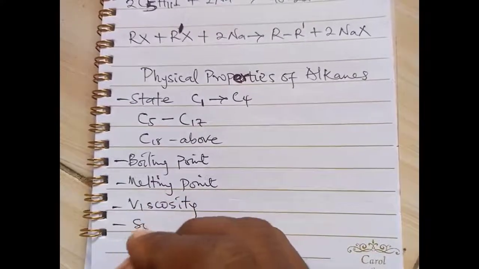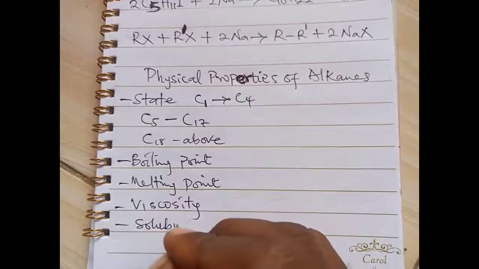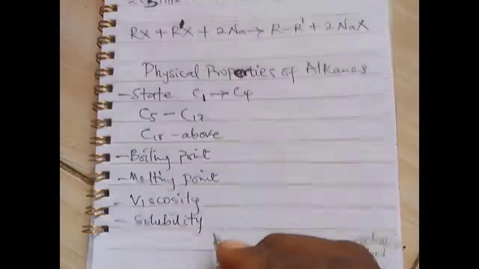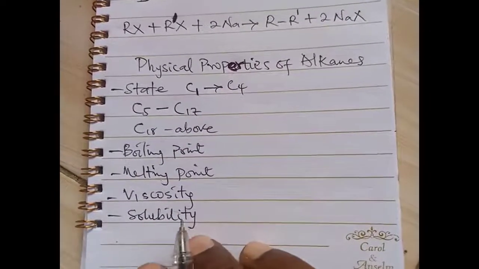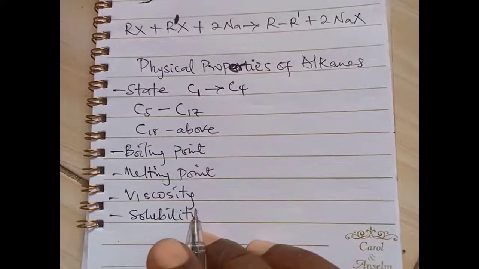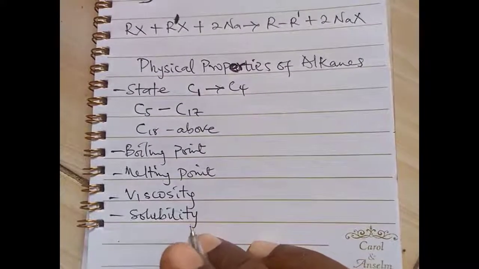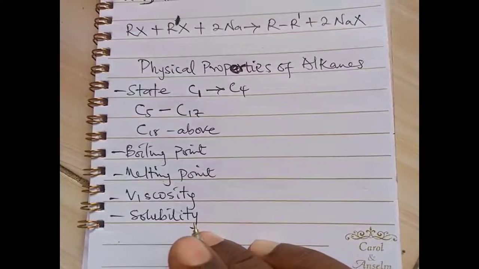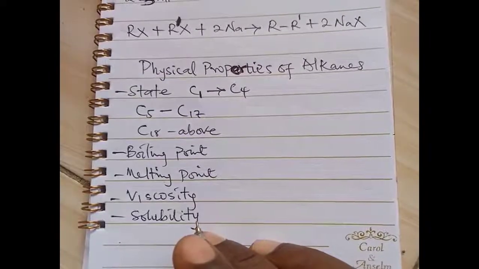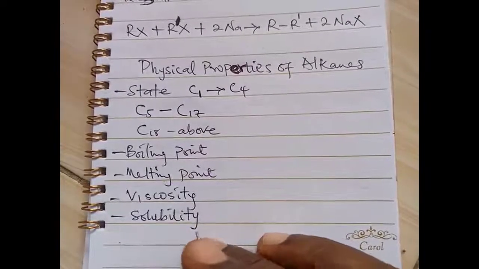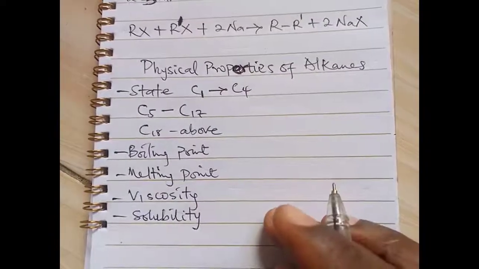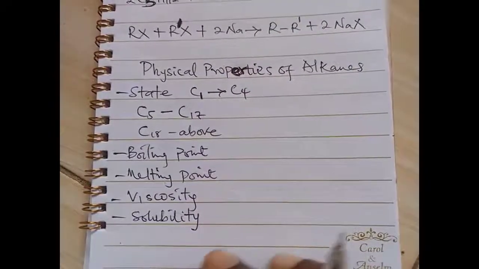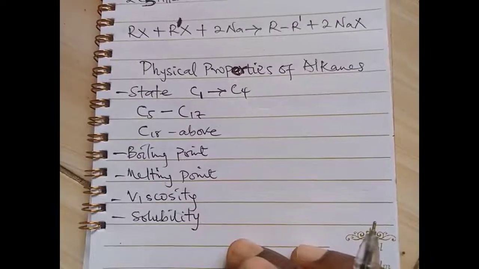The solubility, alkanes are virtually insoluble in water, although they are soluble in non-polar or slightly polar solvents. Examples of such solvents are benzene, diethyl ether, and so on. The solubility of alkanes diminishes with increase in molecular weight.